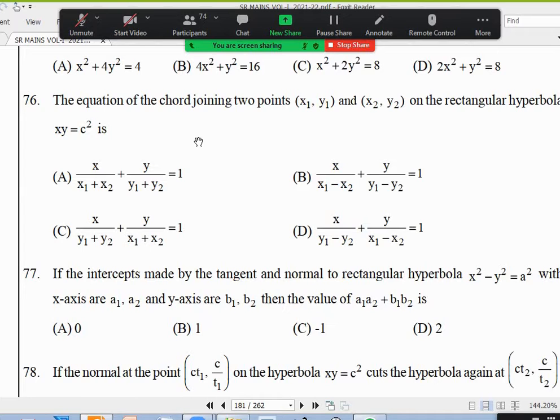Anybody want to tell how they have done 76? Nobody has done 76, or you are thinking how you have done it?